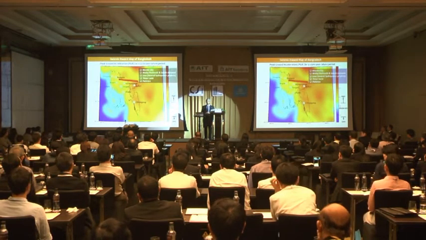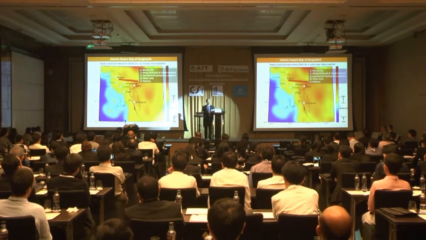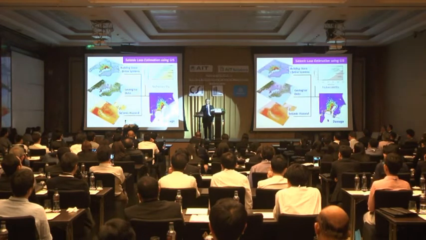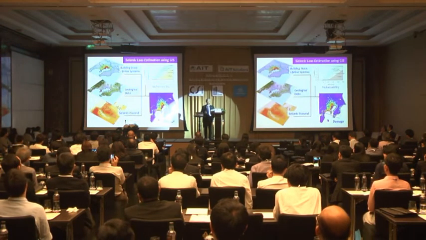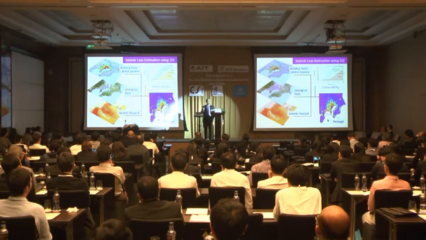But for general public, when they see this map, they may not really understand what will be the impact of the earthquake. So I show another type of study that we have made in the past. This is called seismic loss estimation.